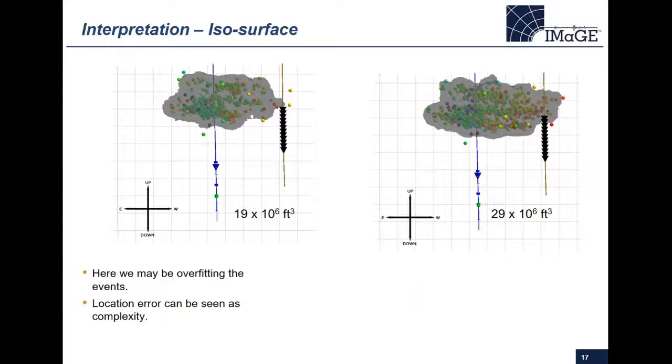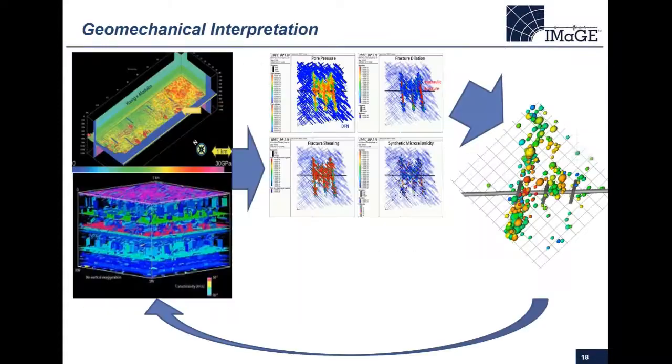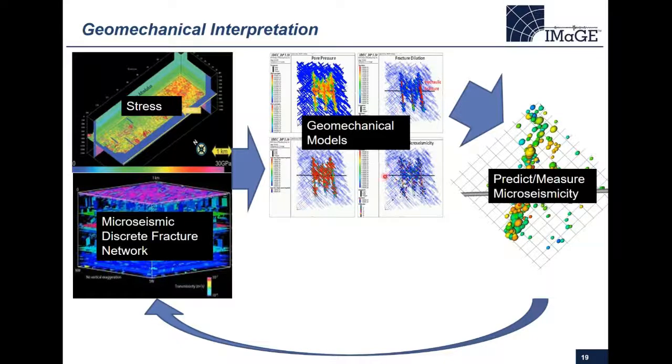So we've got to bear these different numbers in mind, the different ranges of fracture volumes that can be created. A better way of looking at the microseismic data is to go into using a geomechanical interpretation. So this way, instead of looking at fracture volumes, stimulated reservoir volume areas, things like that, you can look at using a discrete fracture network, a series of planes, a set of input stresses, and run those through a geomechanical model.